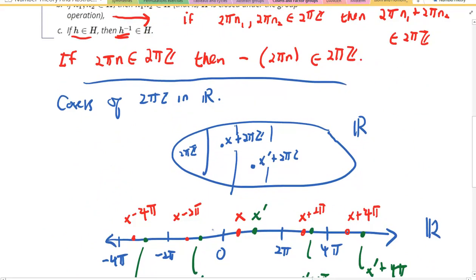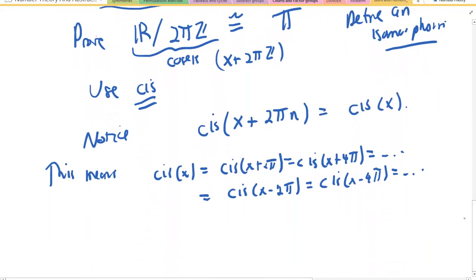Every point in the coset will have the same value of cis. So in fact, I can simply define the value of cis on the coset.